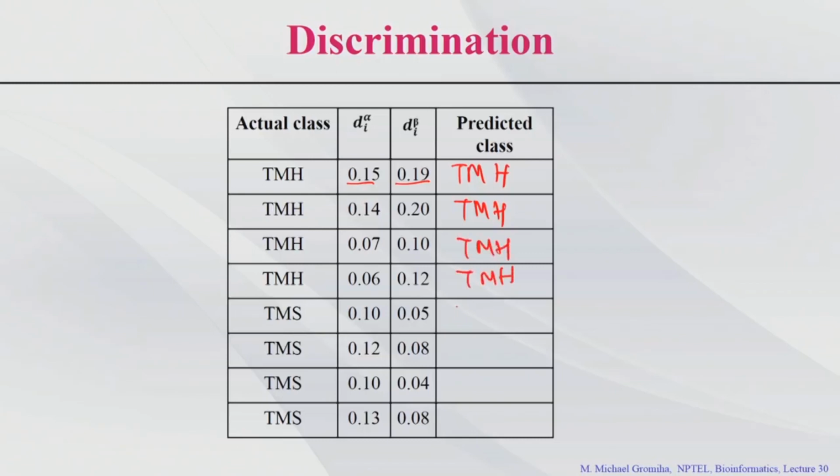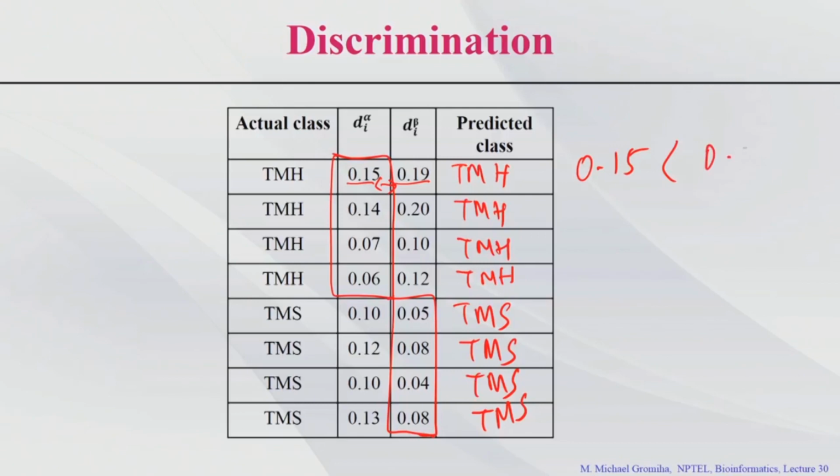This one? TMS, because this is less here. Compare these two numbers and see which one is less; that is the predicted class. Because 0.15 is less than 0.19, this is TMH, so we assign the class TMH.